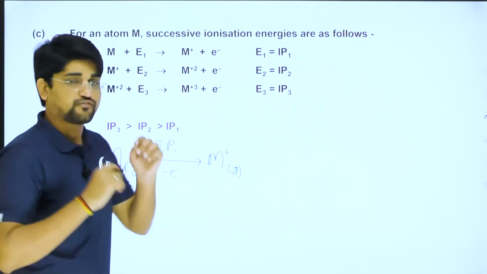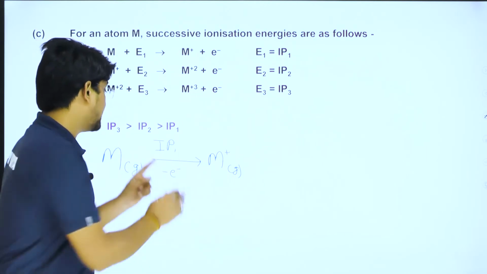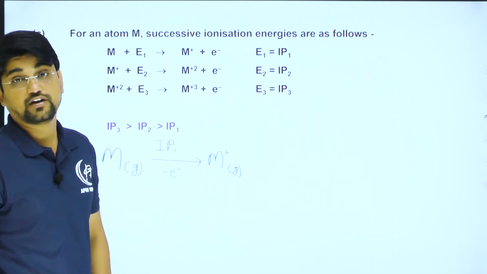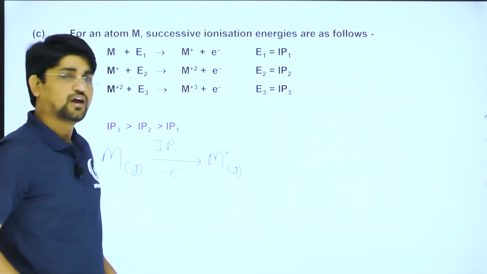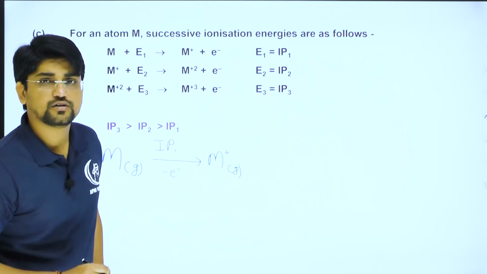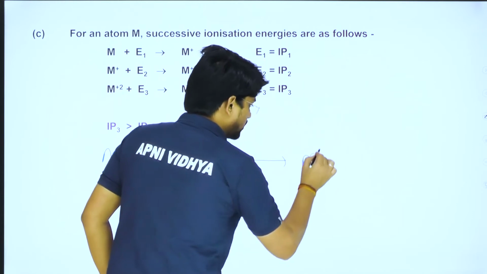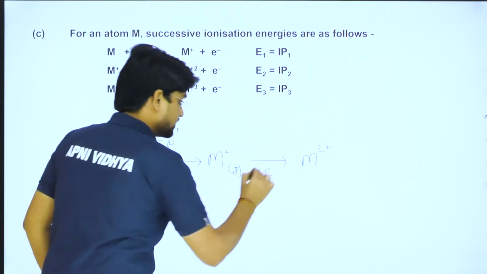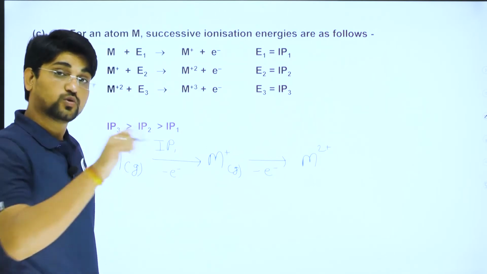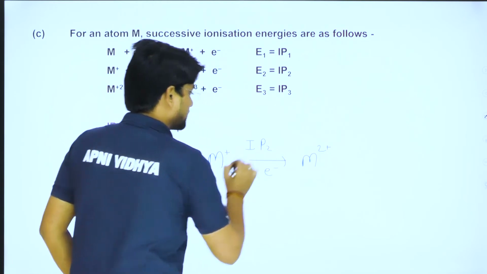If you remove the first electron from this isolated gaseous atom, then it will be IP1, first ionization energy, first ionization potential. Now, if you want to remove one more electron from it, so we have removed another electron. Now you have to provide another ionization energy, that would be IP2.